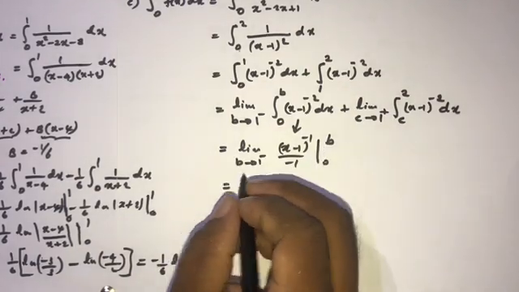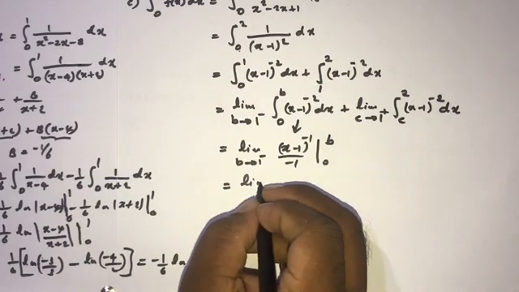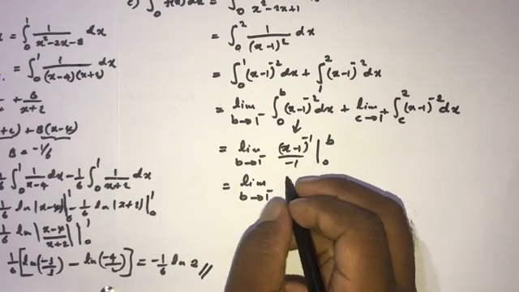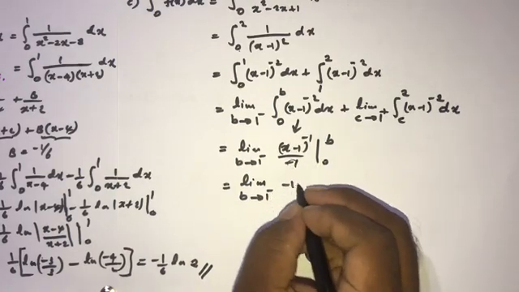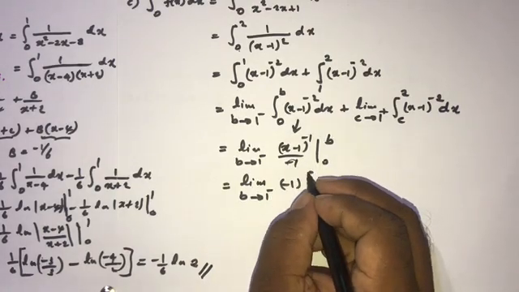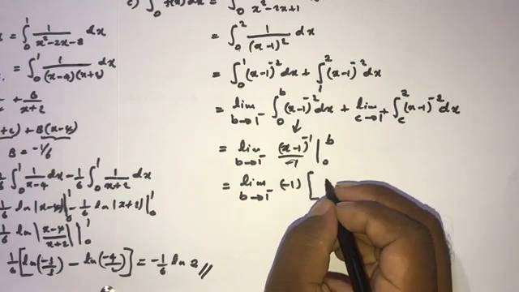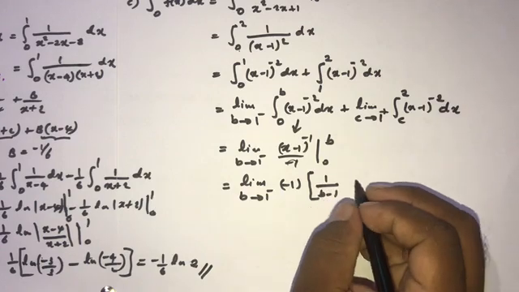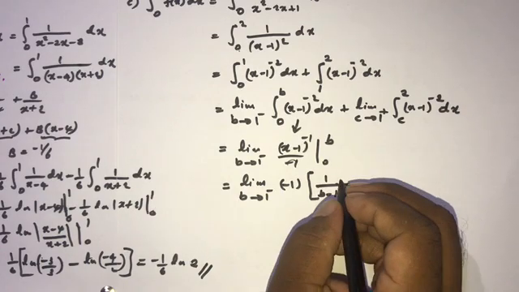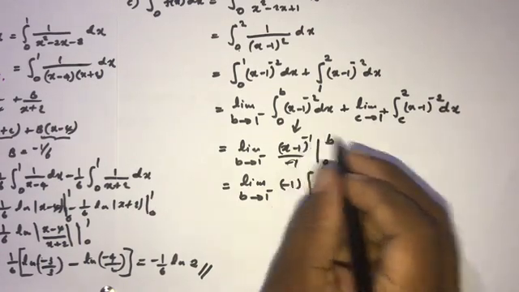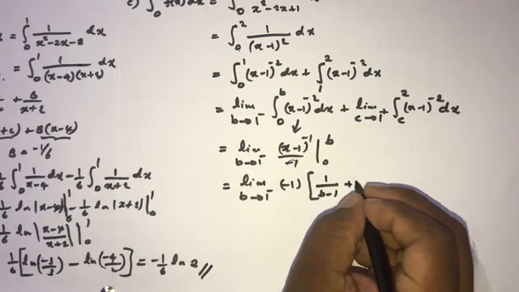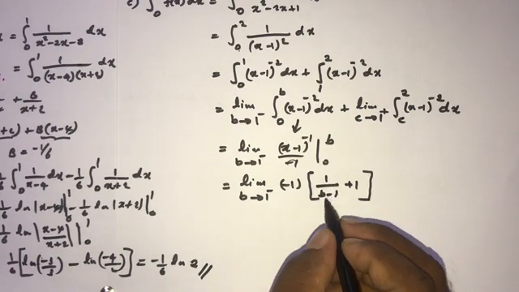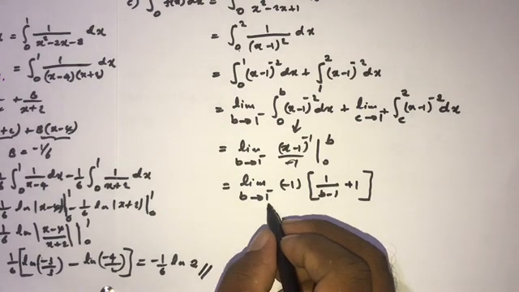Now we can write this is equal to limit b approaches 1 from the left-hand side, here minus 1, so minus 1 times, if we plug in b, 1/(b-1), minus (-1)^(-1) power, so we know plus 1.